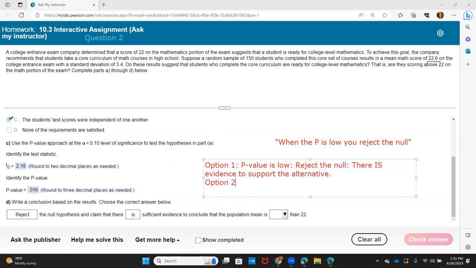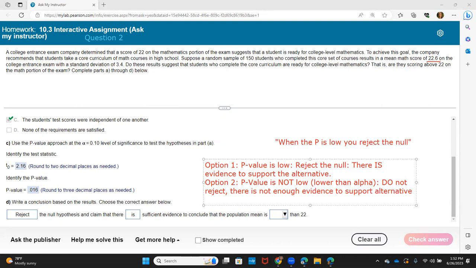Option two is the p-value is not low, not lower than alpha. So that means we do not have enough evidence. We do not find the defendant guilty, right? We're not saying the defendant is innocent, but we do not reject, do not find them guilty, because there is not enough evidence to support the alternative.